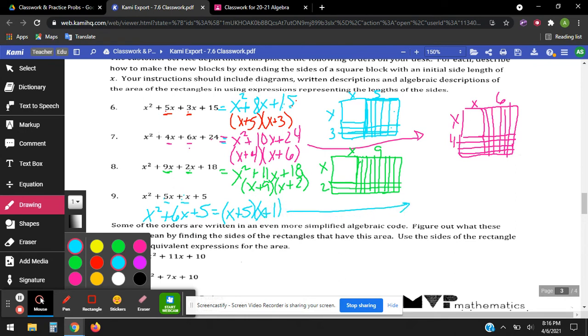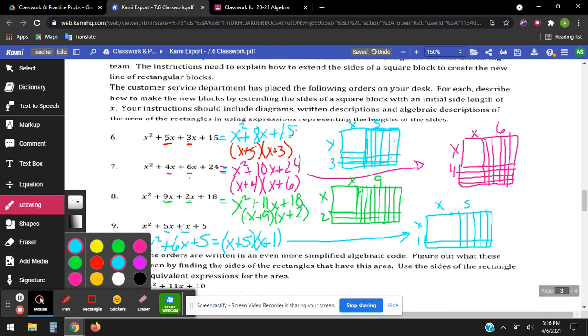So this one is going to be, we're going to just do 1 across here. 1, 2, 3, 4, 5. So here's our x plus 5, x plus 1. So now we have described each of these in a couple of different ways.